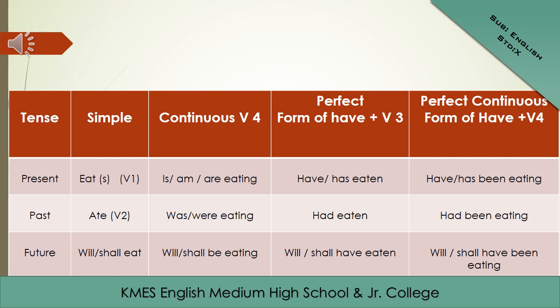If it is past continuous, we'll be using either was or were, plus our ing form of the verb. If it is future continuous, again we'll be using will or shall plus be plus the ing form of the verb. For continuous, our ing form of the verb is not going to change in any of the tenses. What will only change is our helping verb. And in future we only add one more thing, that is be.